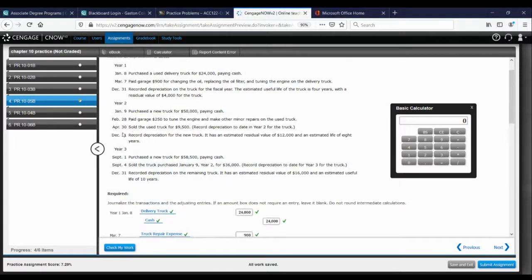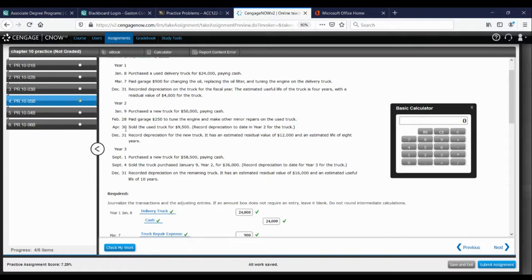In the next journal entry on April the 30th, we sold the used truck for $9,500. So we're selling the first truck that we purchased. The purchase price of that truck was $24,000. Notice that we've sold the truck on April 30th. This is not the year end.